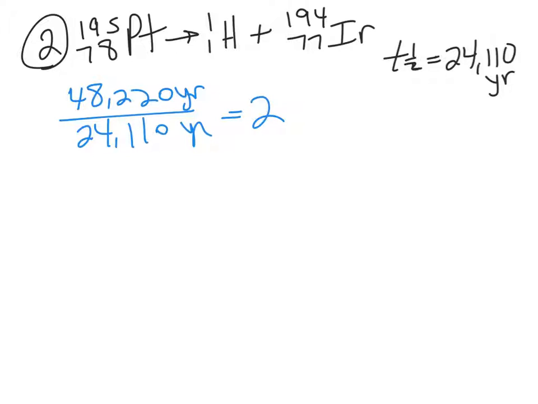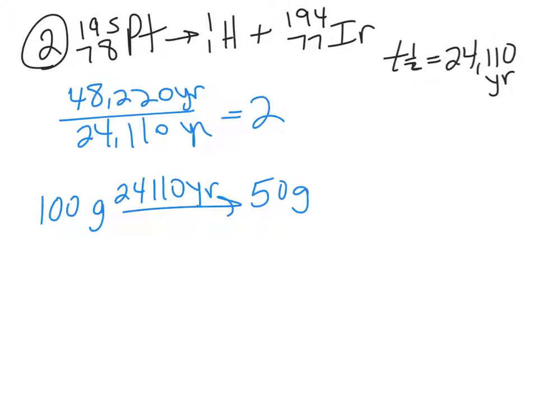So the mass of the platinum will cut in half 2 times. So you can say 100 grams that we're starting with, divide by 2, divide by 2. That would be how much mass is left after 2 half-lives, or you can show it like this if you want to. After 24,110 years, we would have 50 grams remaining as platinum, and the other 50 grams would now have thrown off the proton and become iridium.